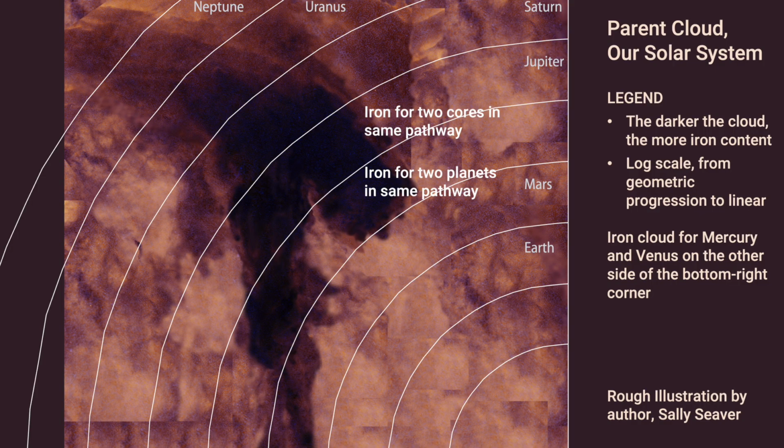This image attempts to show the arrangement of the iron-rich gas in the region where our solar system formed. It is on a logarithmic scale, and the darker the cloud, the more rich it is in iron. So the parent cloud of our solar system had gas in an arrangement somewhat like this.